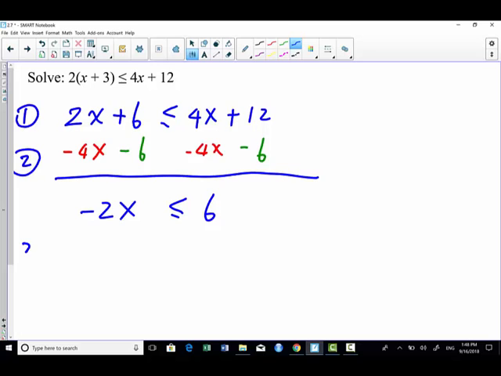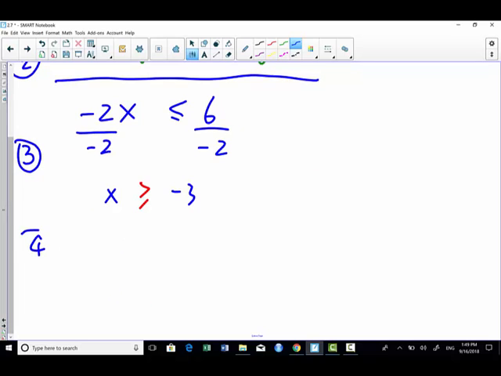Third step, you're going to apply the multiplication property to leave x by itself. So in this case, you're going to divide by the coefficient of negative 2 on both sides. But if you do that, remember to reverse the symbol, okay? So it will be x greater than or equal to 6 over negative 2, which is negative 3.